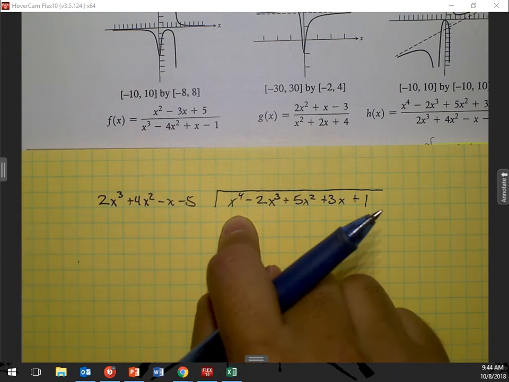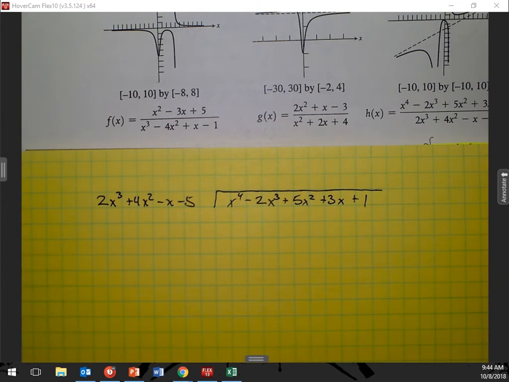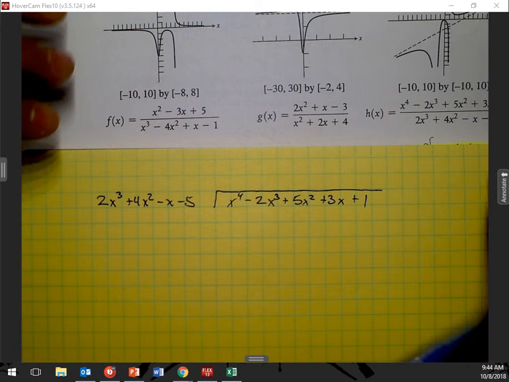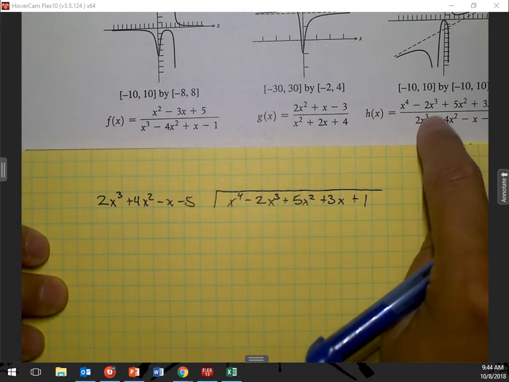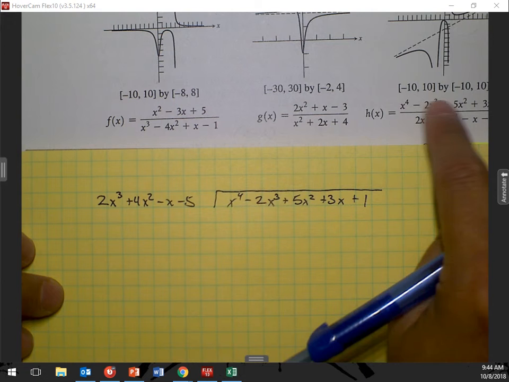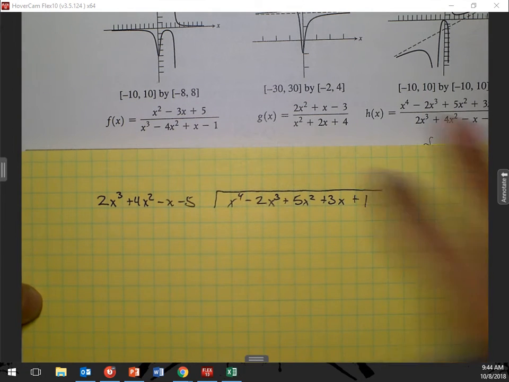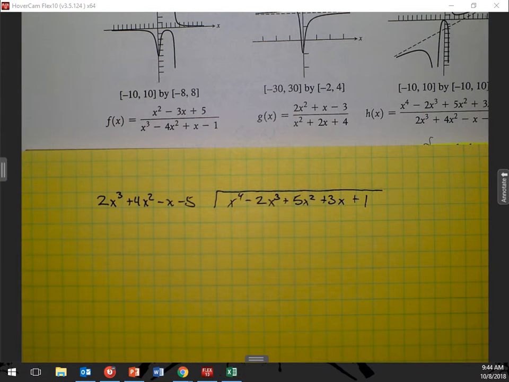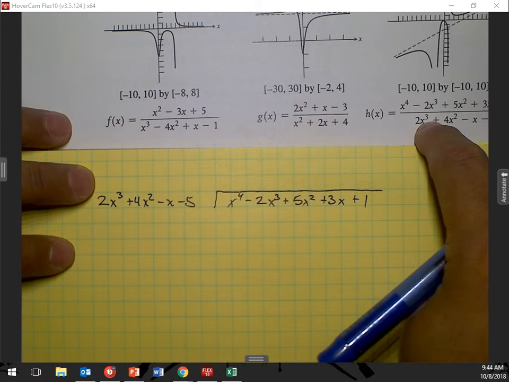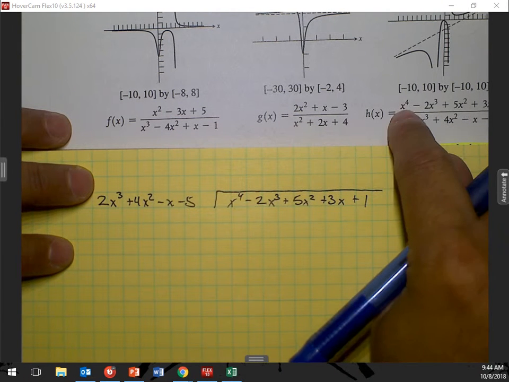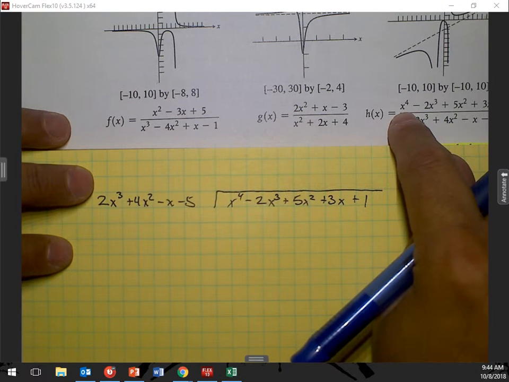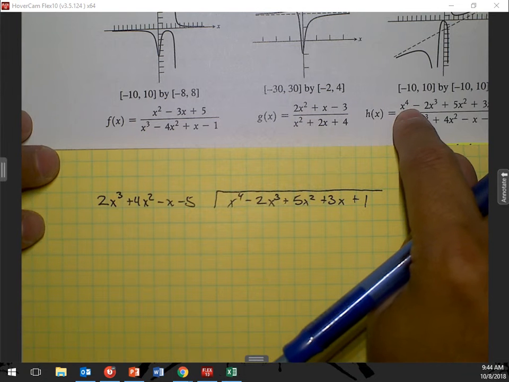Now, I want you guys to think about this mathematically. If this is 1 more than this, and I'm dividing it out, take away 3 of those degrees. Take away 3 of these. You're going to end up with just an x, right? You would have 1 degree left, right?